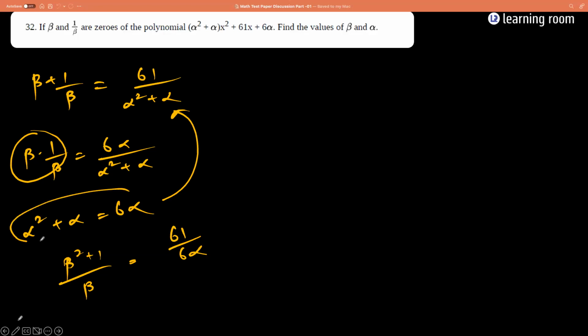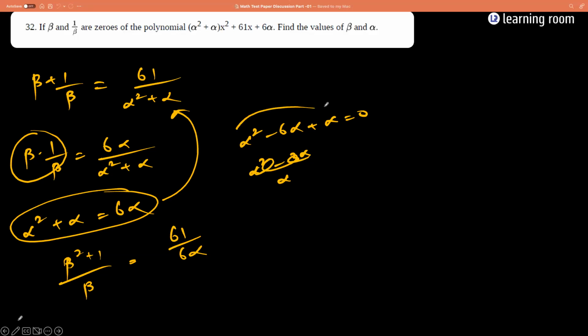So if you observe this, alpha square minus 6 alpha plus alpha is equal to 0. Correct. So can I write this as alpha square minus 5 alpha, sorry, alpha, this is 1.